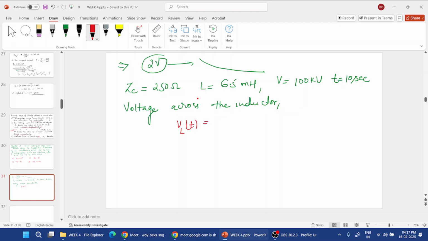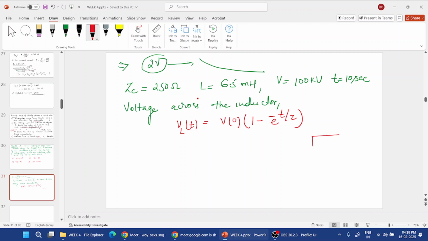We know the standard equation of the voltage across the inductor: V0 times (1 minus e to the power minus t by tau).